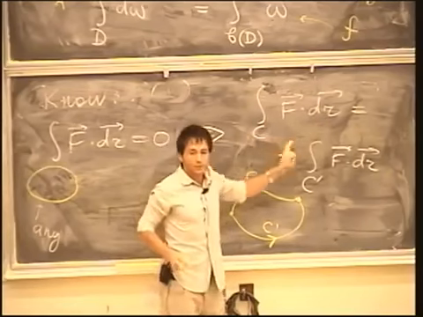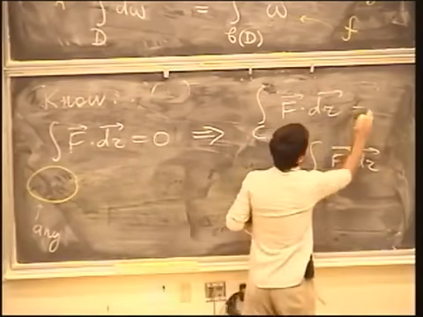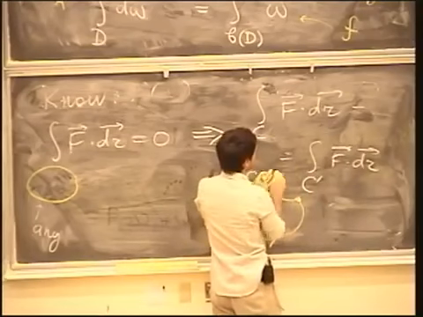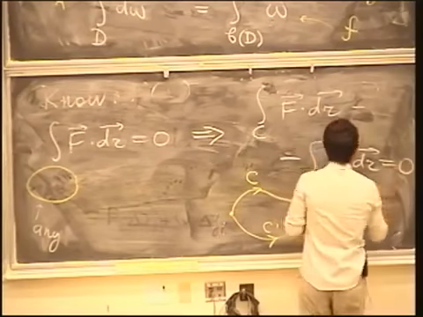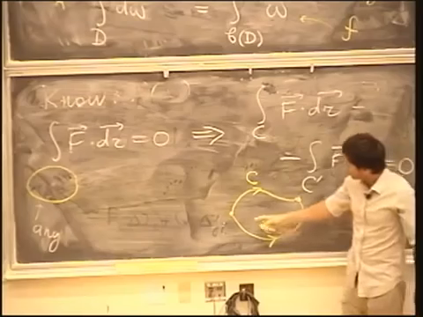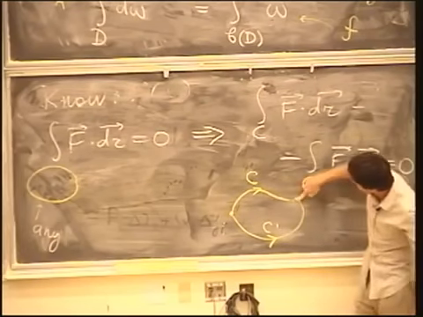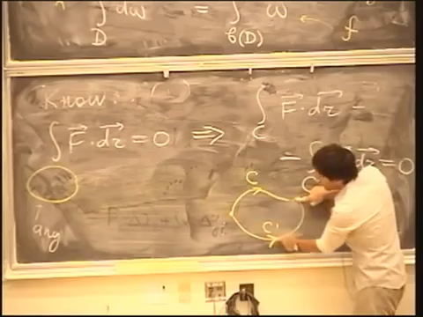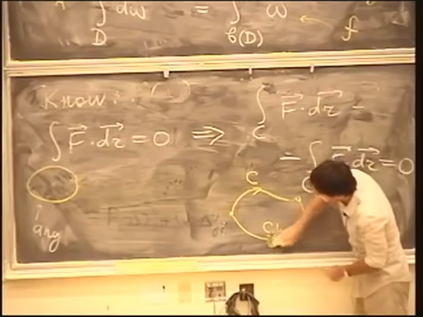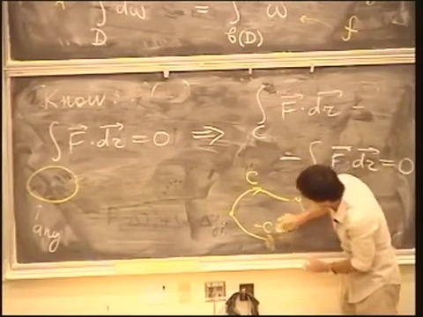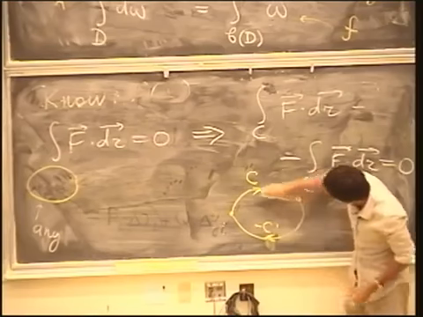So to prove this is the same as to prove that this minus this is 0, right? But what is this minus this? It means that I go like this, but then I change orientation on this one. So this is minus C prime. It's going like this.